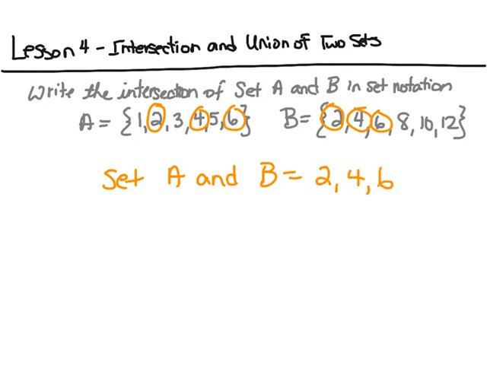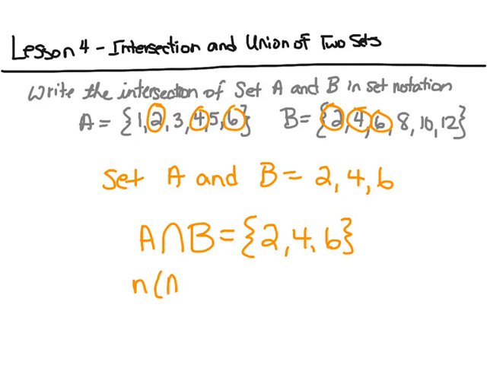So the way that we write this in set notation is A intersection B is equal to 2, 4, and 6. And if we were to find the number of A intersect B, it would be 3. We have 3 terms in the intersection.